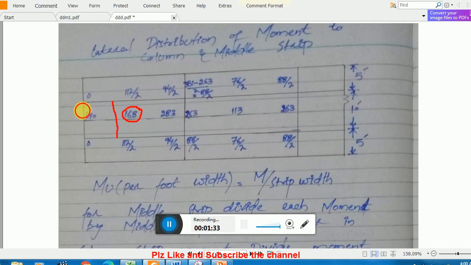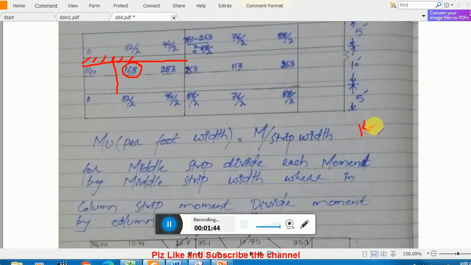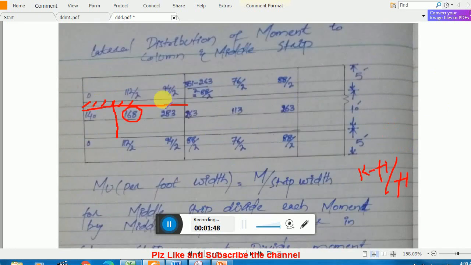If you want to convert it into the longitudinal direction per strip width, or you can say per foot width, or kip-foot per foot, you have to divide this 168 by the width of this column strip, and similarly this 112 divided by 2, which is around 56.